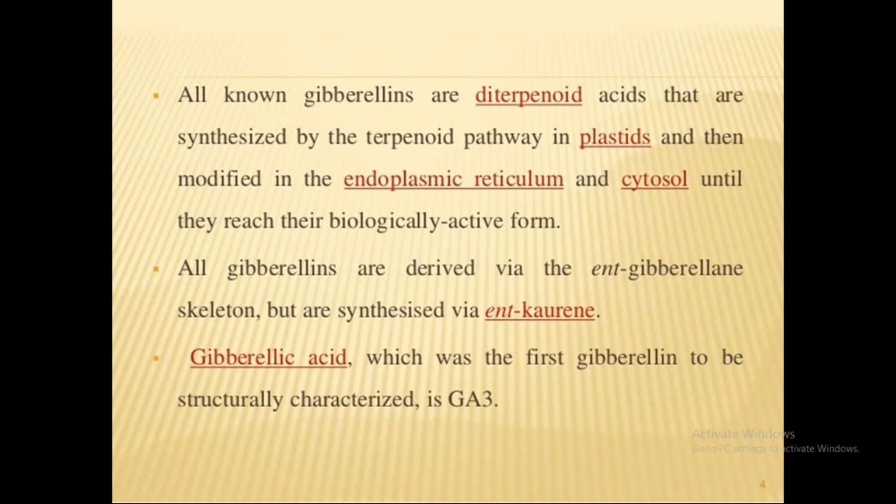Let me repeat. The scientist Kurosawa, working in Japan in the rice field, studied some fungi. One fungus called Fusarium fusicoi was infecting the rice plant, and due to the infection the plants' height बच्चों बहुत ज्यादा बढ़ गई थी, and the disease was called Bakanae disease. Excess of everything is dangerous, na?